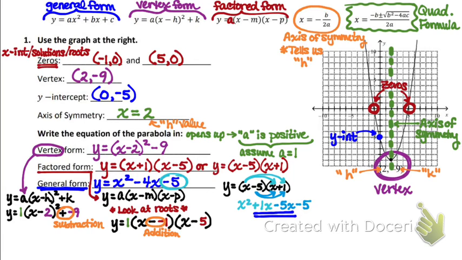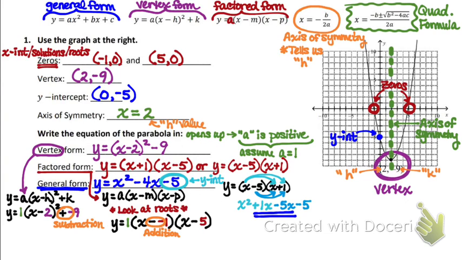Is this somewhere special on my graph? It's my y-intercept. So I can find C from the graph, but I can't find my B value unless I use one of my other forms.